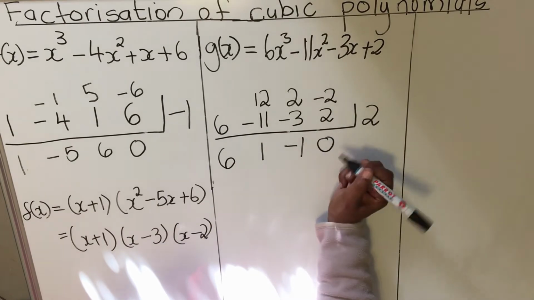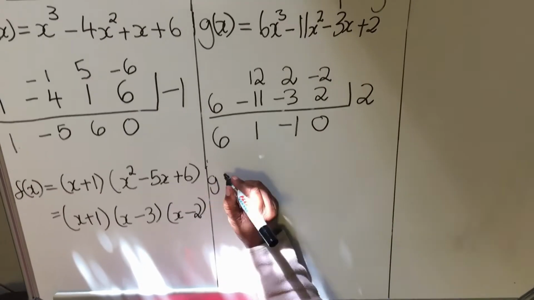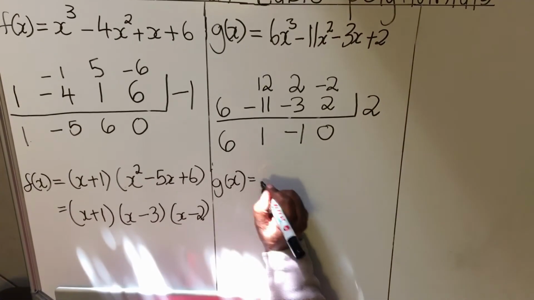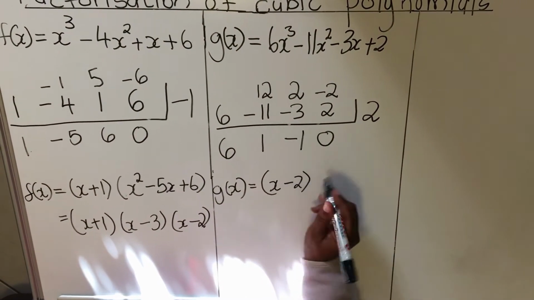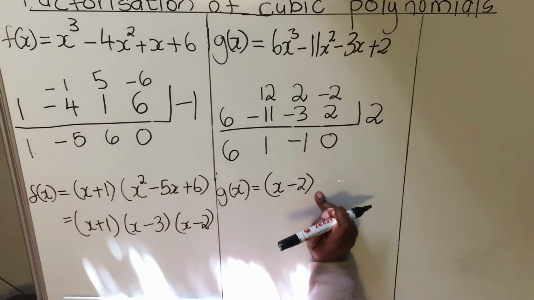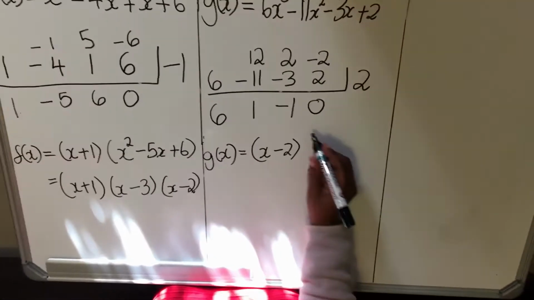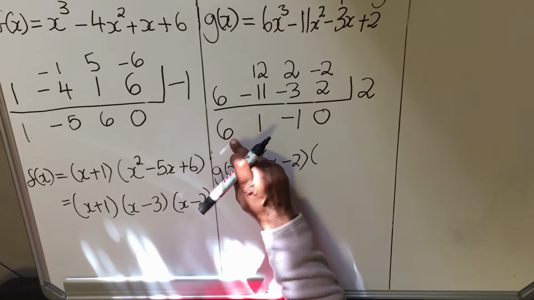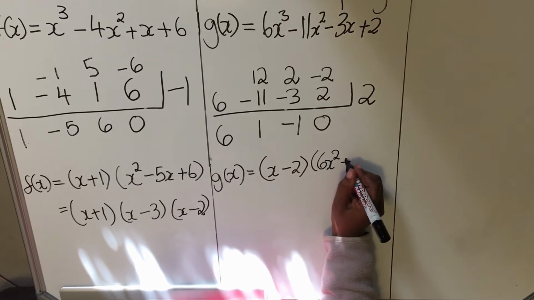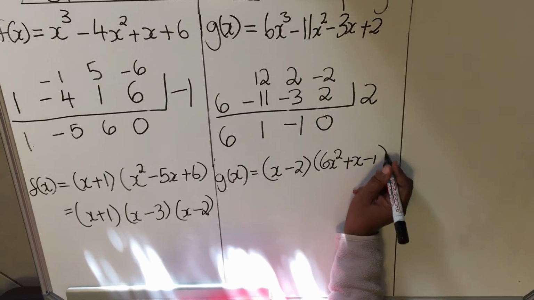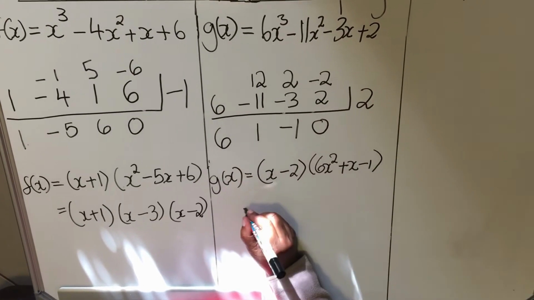Then I get a 0 and I'm happy. Then g of x: my first factor is x minus 2, because it was plus, when I write it in a bracket it's going to be minus. Then this one is 6x squared plus x minus 1. Then I have to factorize this trinomial.